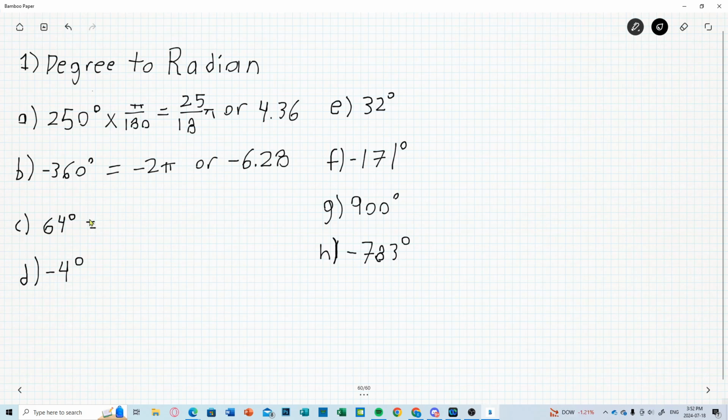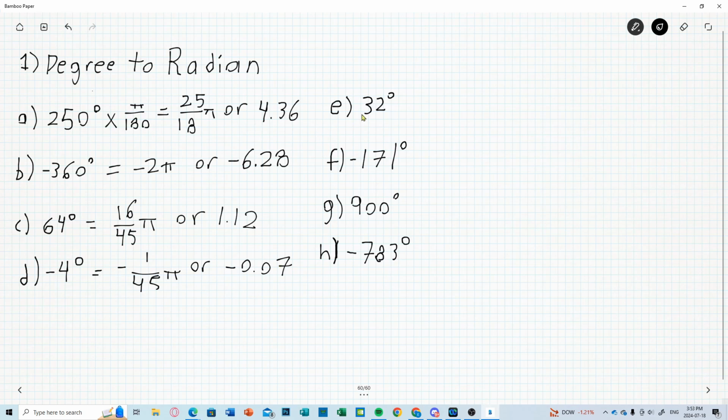Question C will be either 16 over 45 pi, or approximately 1.12. And negative 4 is going to be either negative 1 over 45 pi, or approximately negative 0.07.